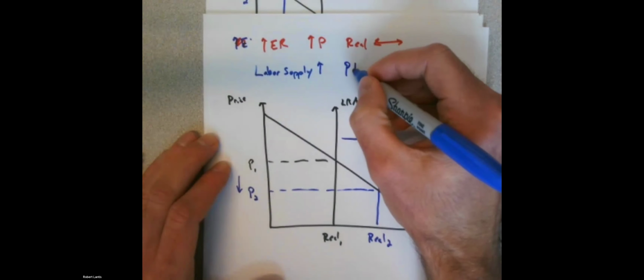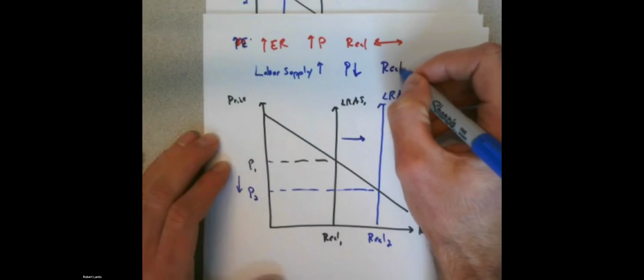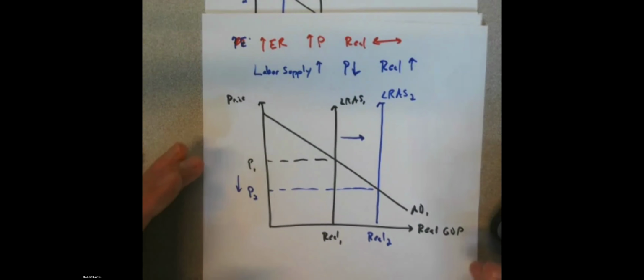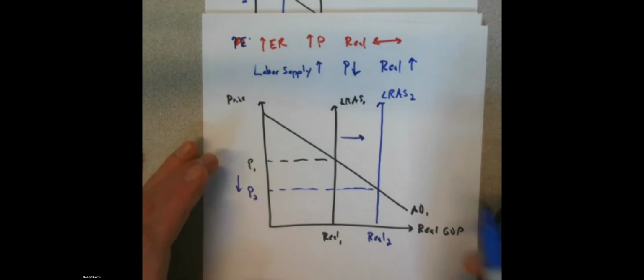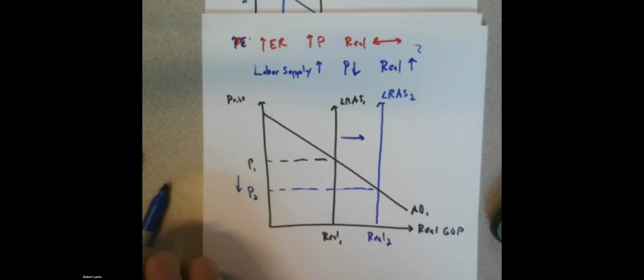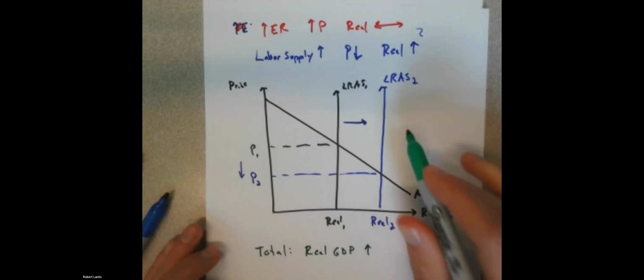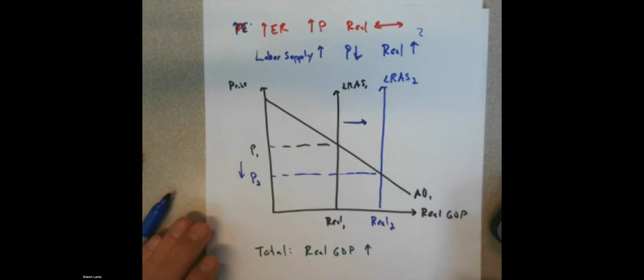So here prices are going down, real GDP increasing. If these happen at the same time, it doesn't matter what the relative size is. We always know that the total effect would be that real GDP has to go up. It's completely dictated by that shift in long run aggregate supply.